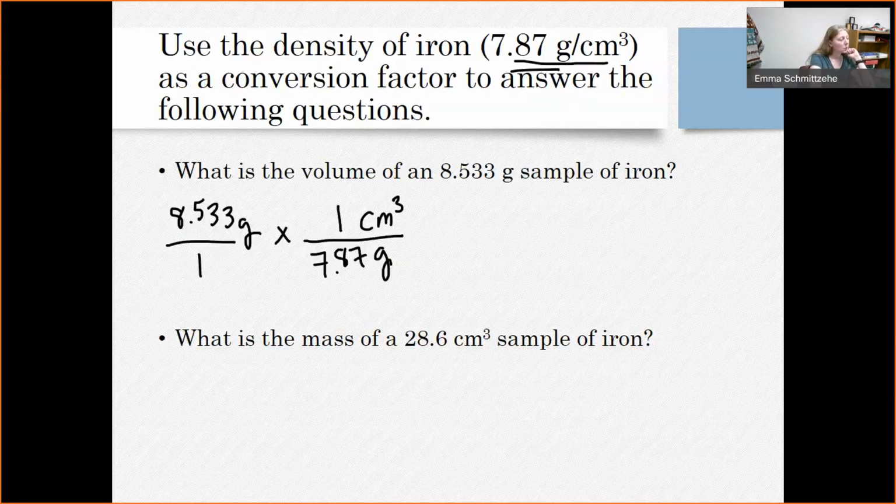Okay, and so that is going to cancel my gram unit and give me cubic centimeters. And so then I don't even have to think about it. I just plug it into the calculator based on what dimensional analysis is forcing me to do. So 8.533 divided by 7.87, and that gives me 1.084243964. That's what the calculator tells me.